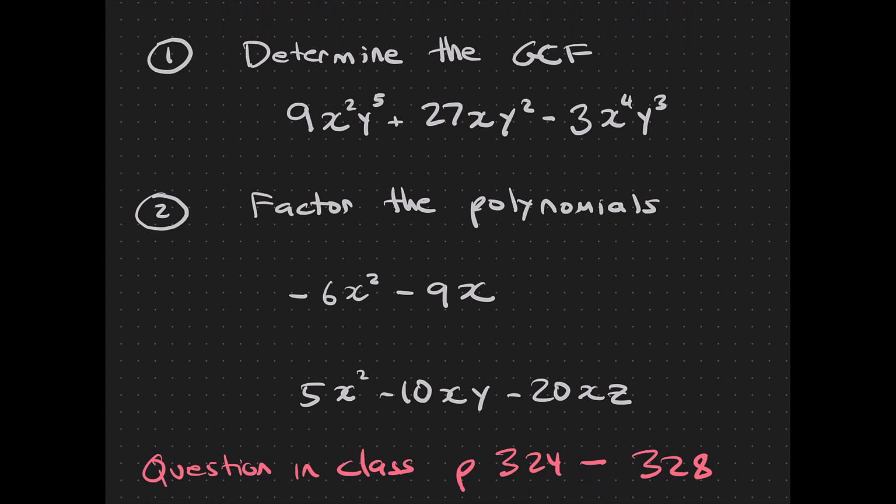So on the first one, I've got negative 6x squared minus 9x. And the second example is 5x squared minus 10xy minus 20xz, and bring those questions completed to class. And in class, we will be working on all the questions, pages 324 to 328.